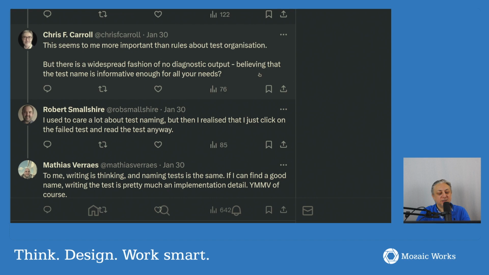Too often I see test names that just say test users, but it doesn't tell me anything about what they are actually validating. So test newly created user is valid, right? So I'm missing the last part oftentimes, the last part being the condition that I'm checking for.